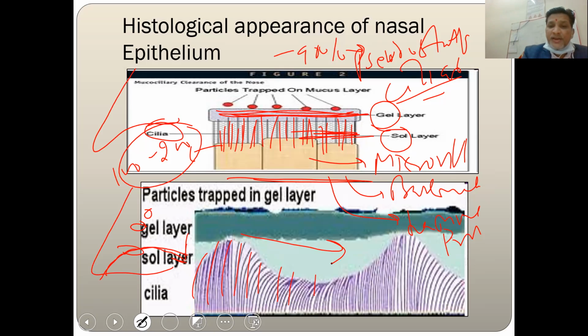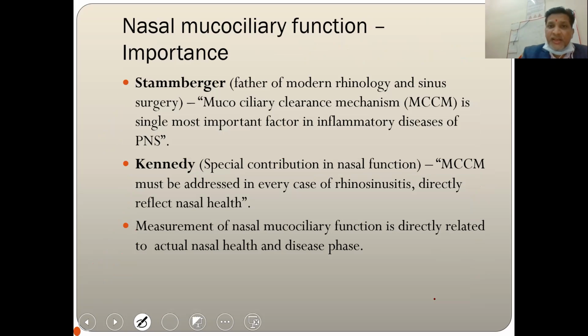They have got a beating phase in which they beat and push the mucosa from anterior to posterior at a very high speed, about 5 mm per minute. So you can say that in about 25 minutes, the whole of the nasal cavity mucosa is renewed.